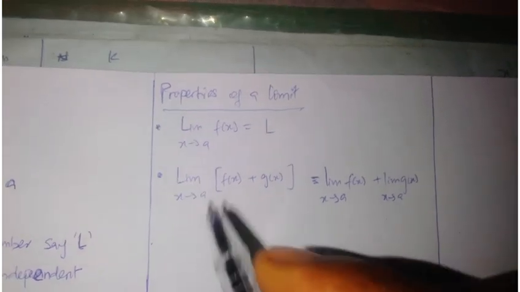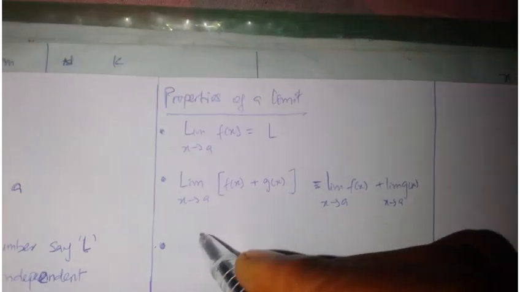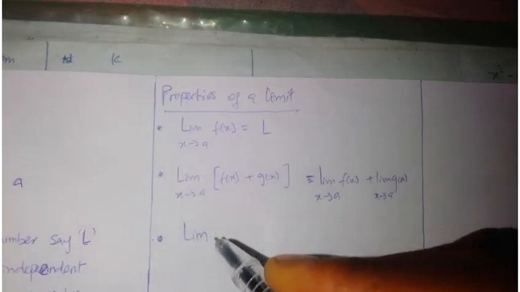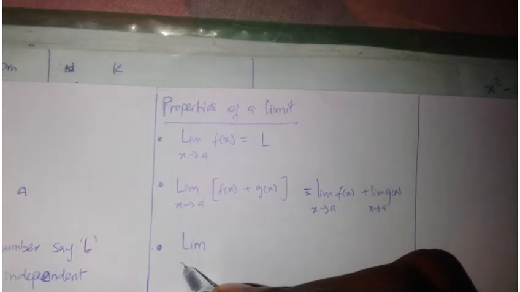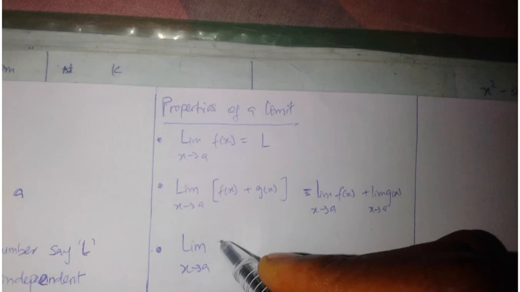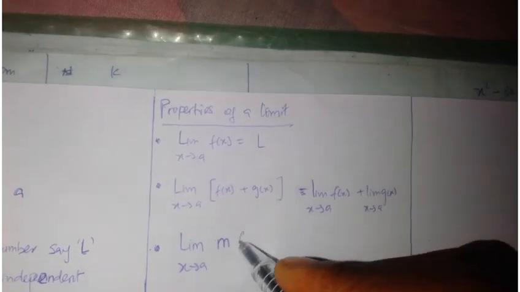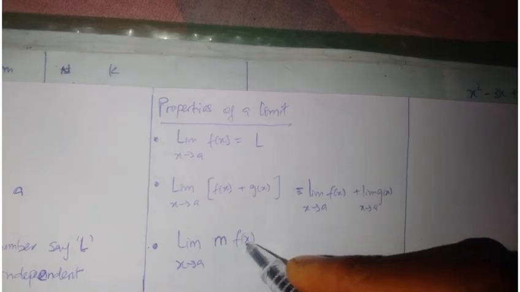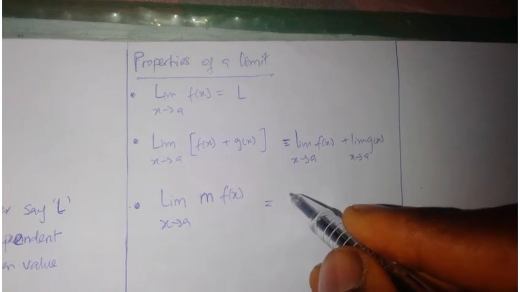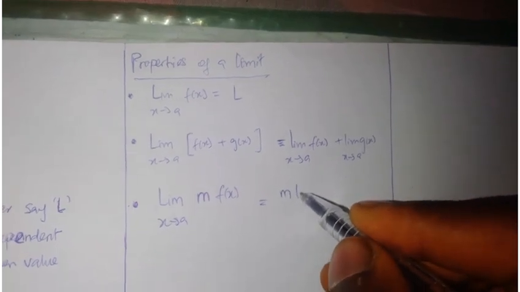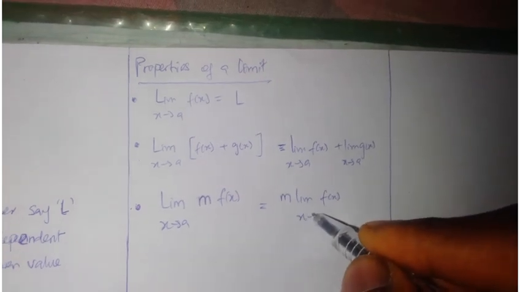Okay, so the third property of limit is such that I have the limit as x tends to a of a constant, say m, multiplying a function f of x. In this case, this is the same thing as m times the limit of f of x as x tends to a.